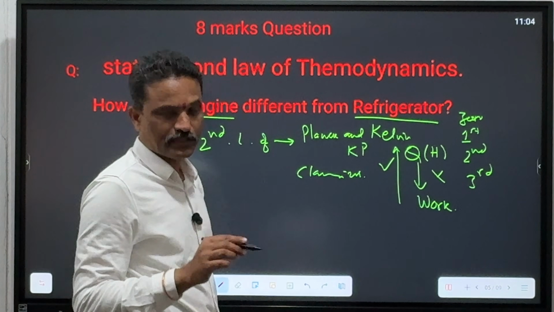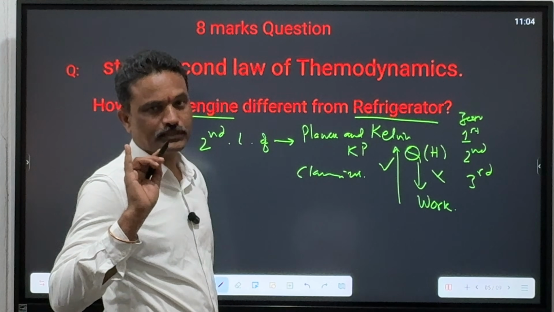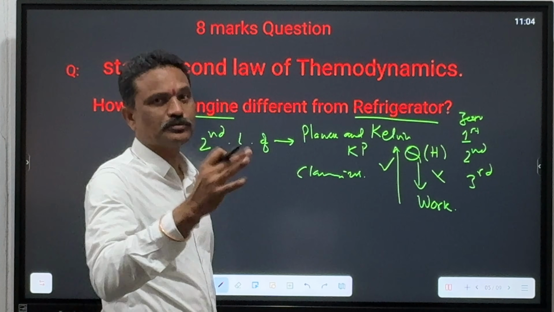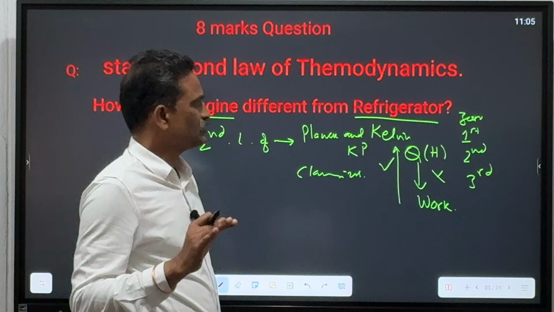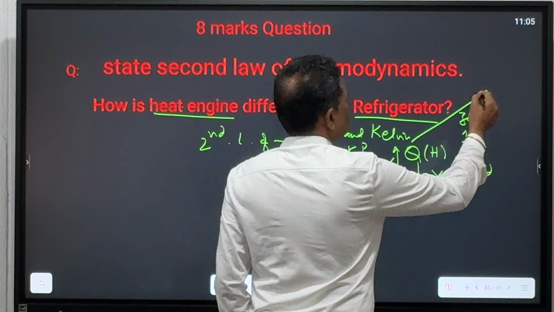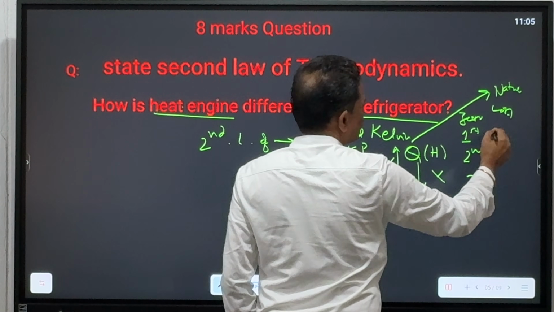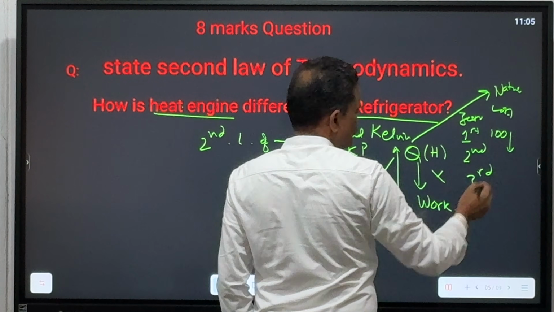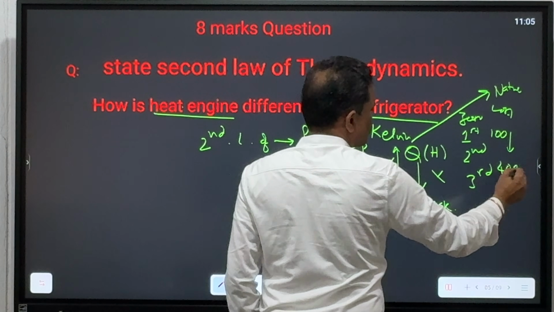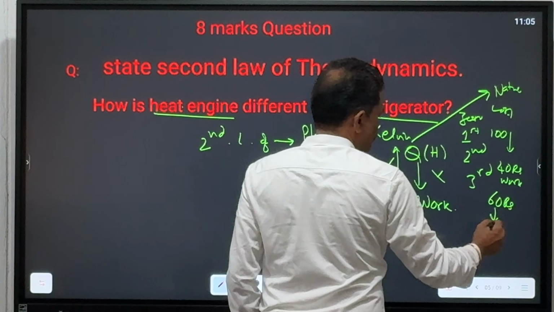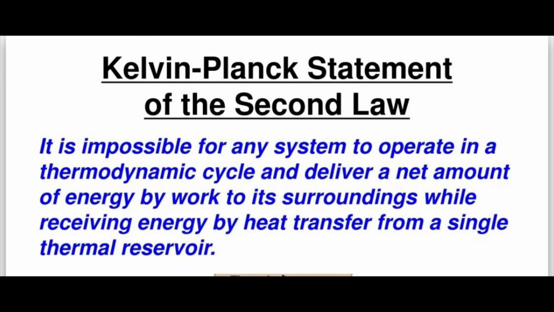So there is no heat engine which is having 100% efficiency or which is converting the total heat into total work. It is impossible. So most of the heat is wasted. It is given to the nature. So heat is lost. For example, I spend 100 rupees of petrol, then I will get only 40 rupees of work. The remaining 60 rupees is wasted in the form of heat that is given to the surroundings. That is the Kelvin-Planck statement.